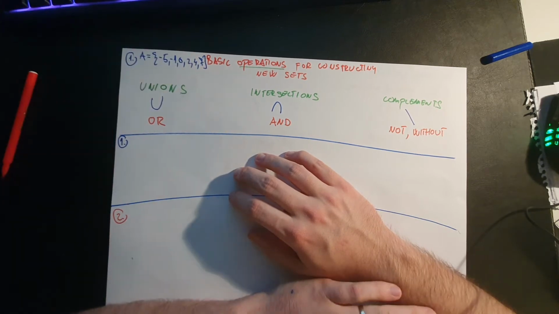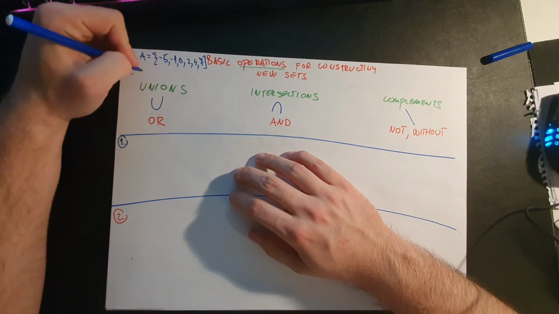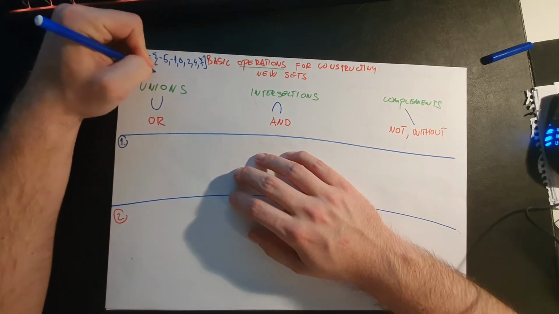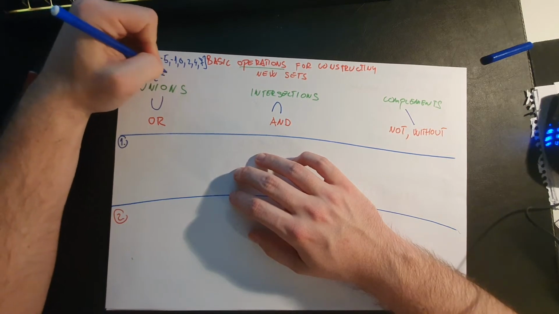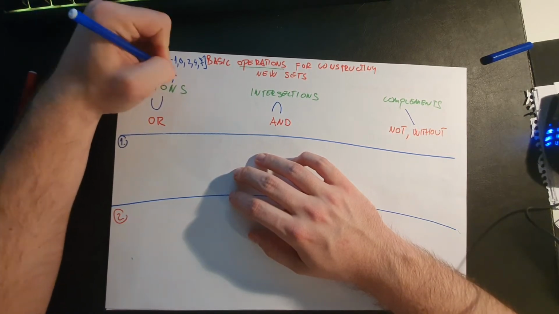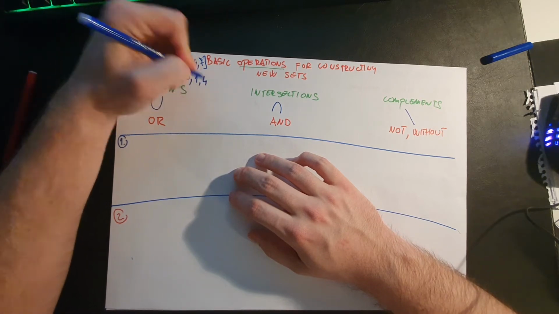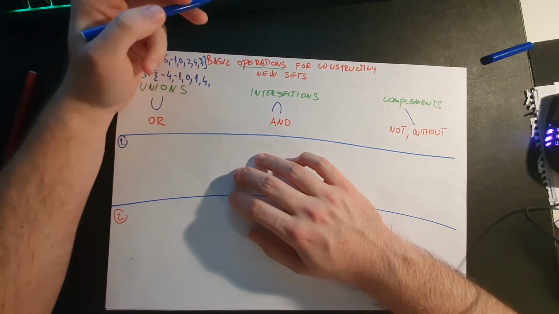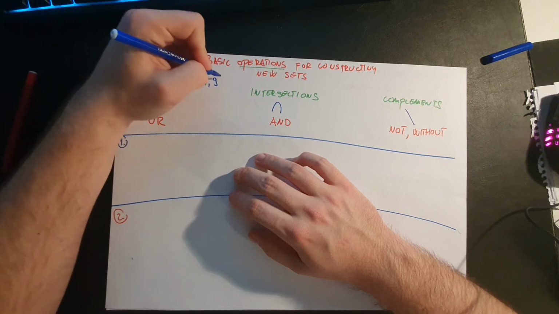So these are the numbers for A set, or members of the A set. Let's look at the B set. For the B set, let's talk about, for example, -4, -1, 0, 1, 4, and 9. For example.